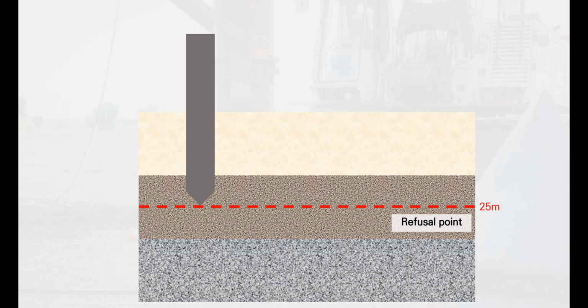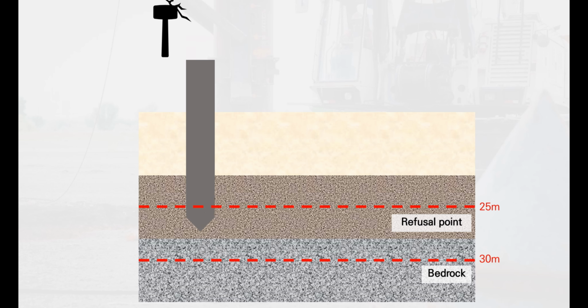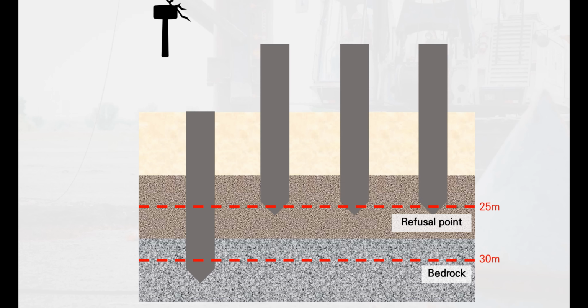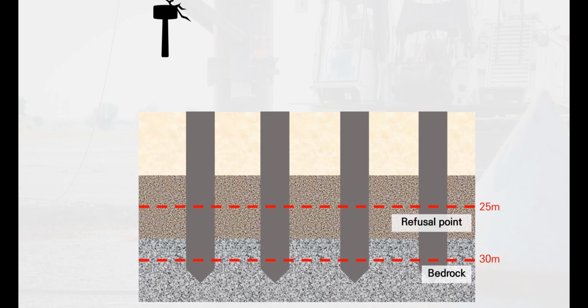The usual piles have a refusal point so they can drive in only 25 meters. However, on this site, the layer of bedrock is under 30 meters deep. This means if they use end-bearing piles for all of the parts of the foundation, lots of money and time would be needed.